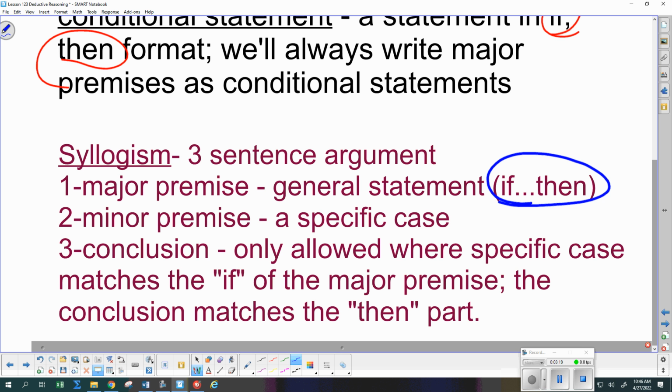That will only work if number 2, the minor premise, matches the if part of number 1. And then the only conclusion for now that we can make is, therefore, something that matches the then part of the original statement that we're given.